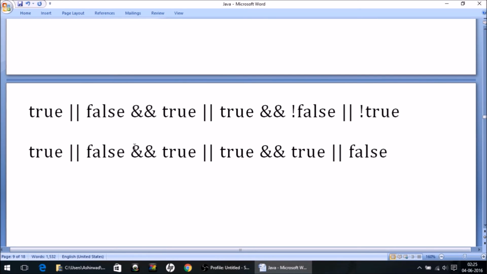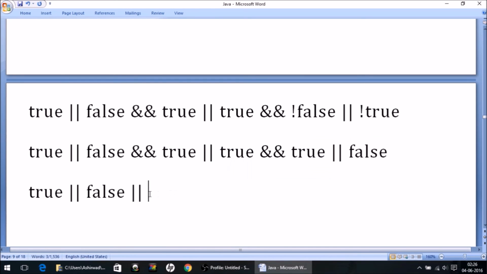Now the NOT operators are all gone. We can now look at the AND operators. In this next step, I'm going to solve this and this. So what will it be? True OR. This will give us what result? False, because it is the AND operator, and if one of them is false, ultimately it's going to be false, so I have written false here. Then the OR operator, then I'm going to solve this.